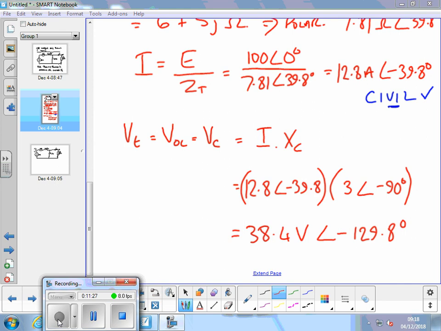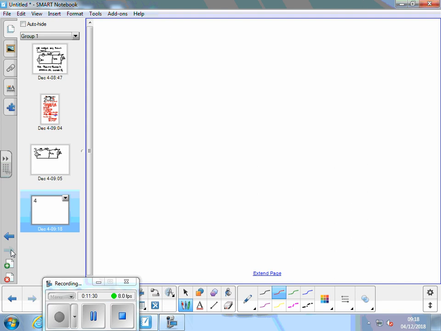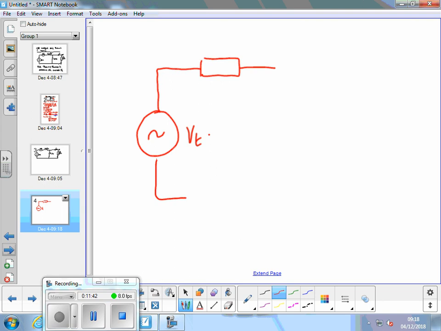So if I just pop forward a couple of slides, we've now determined V Thevenin as being equal to 38.4 volts angle minus 129.8 degrees.